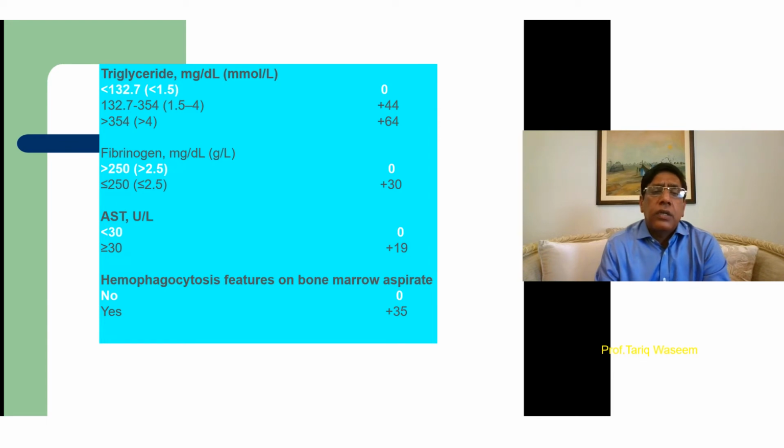AST less than 30 would be considered normal, or scored 0, and more than 30 would be 19. And of course, if you get hemophagocytosis features on the bone marrow aspirate, as we already mentioned, considering the total score needed to label someone HLH, you may not need the bone marrow to be done in all cases.